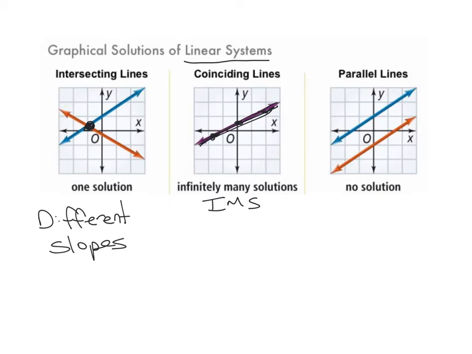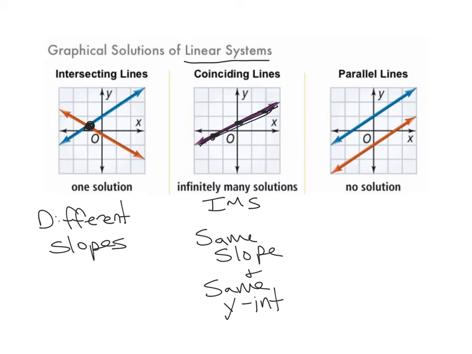So they have an infinite amount of points in common. Now, we can tell that something has infinitely many solutions from the equation because they have to have the same slope and the same y-intercept. If they have the same slope and the same y-intercept, they're going to be the same line, which means they're coinciding, which means we're going to say that they have infinitely many solutions.